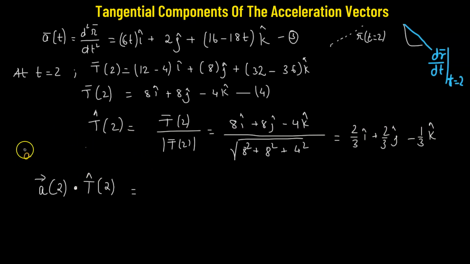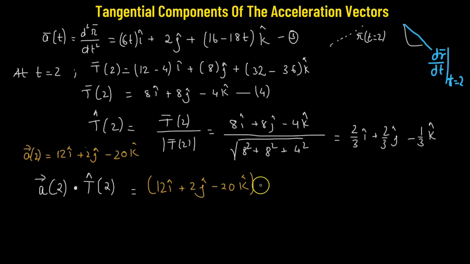So our acceleration vector calculated at t equals 2: this is 6 times 2, so we have 12 i cap plus 2 j cap. Then we have 16 minus 18 times 2, which gives us negative 20 k cap. So our acceleration vector is 12 i cap plus 2 j cap minus 20 k cap. This is going to be dotted with the unit tangential vector, that's 2/3 i cap plus 2/3 j cap minus 1/3 k cap.